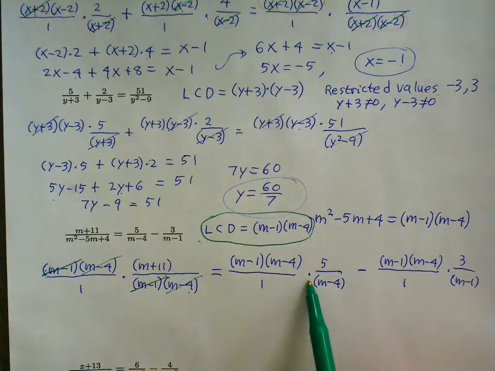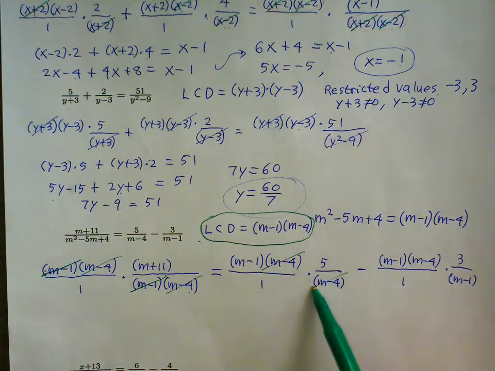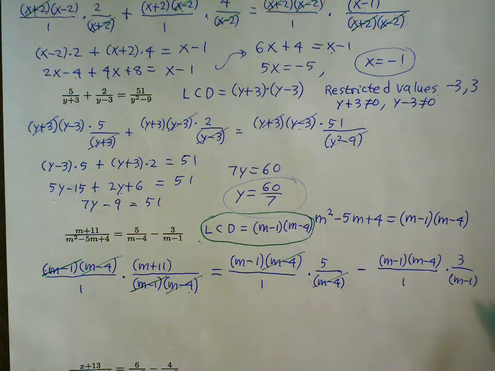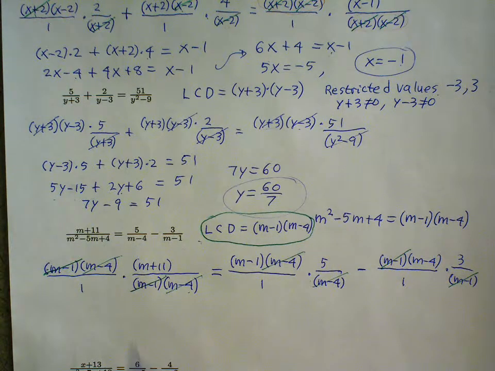On the right-hand side of the equation, the factor M minus 4 divided by M minus 4 equals 1. And then in the product on the right, M minus 1 divided by M minus 1, those cancel. So on the left-hand side, we're just left with M plus 11.